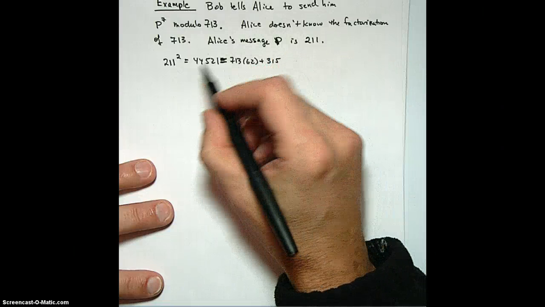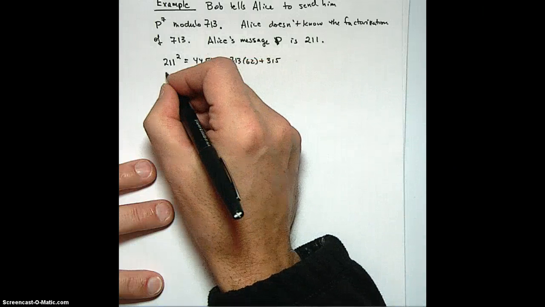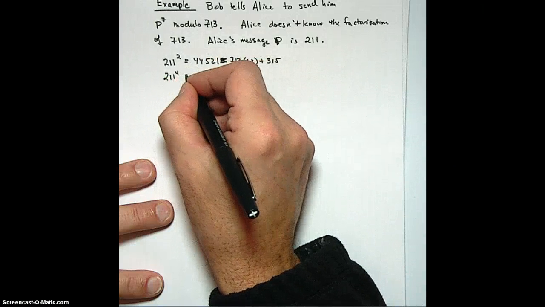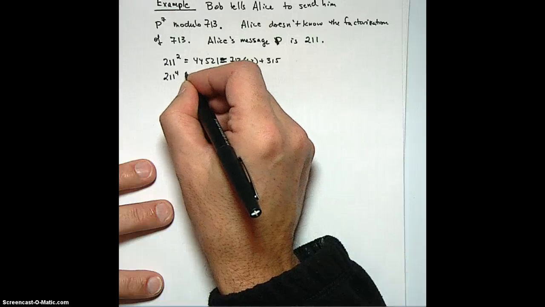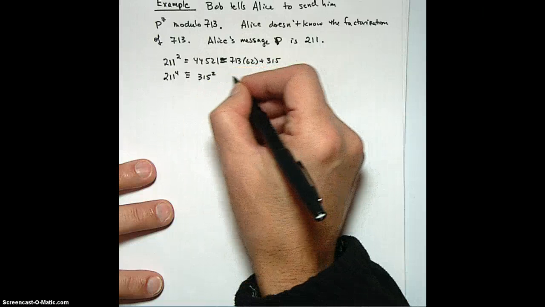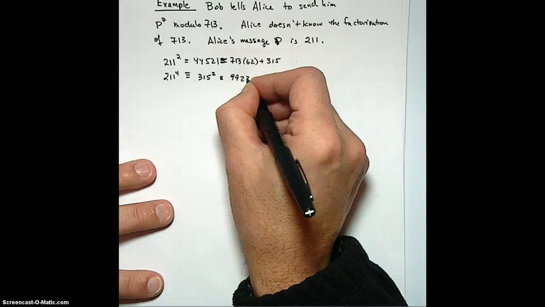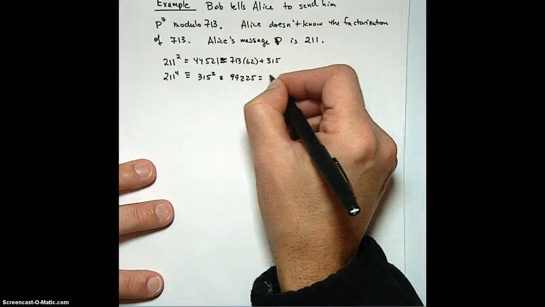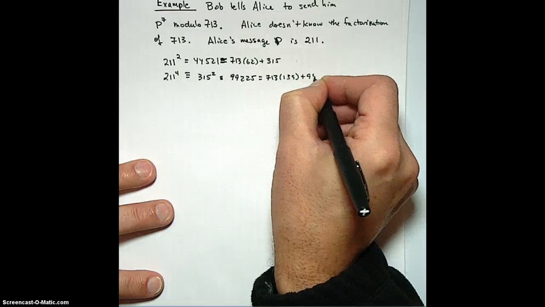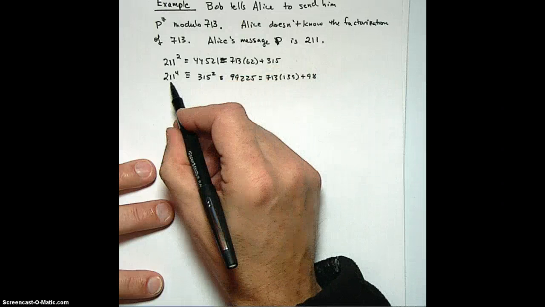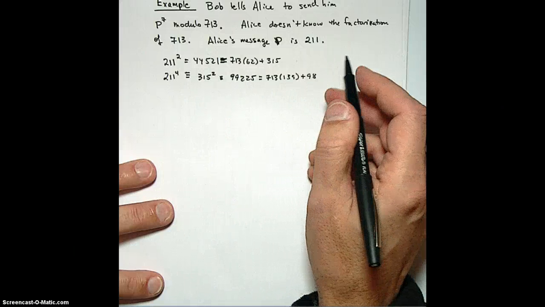So 211 squared is congruent to 315 mod 713. And 211 to the 4th is congruent to 315 squared, which is 99,225, which is equal to 713 times 139 plus 98. So 211 to the 4th is congruent to 98 modulo 713.